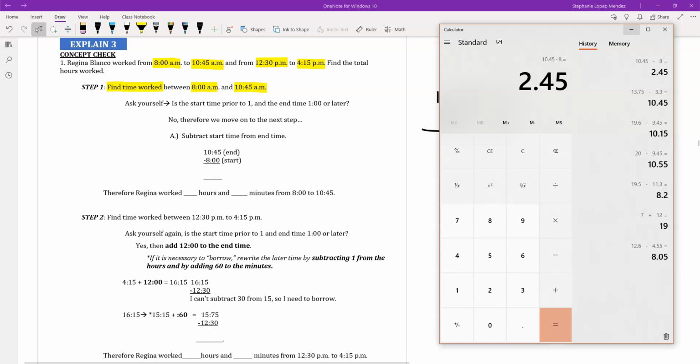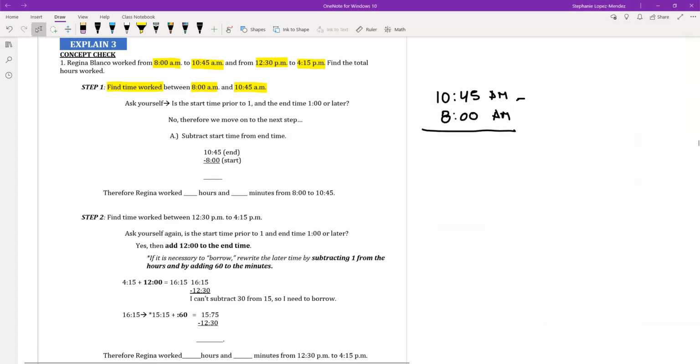That is a total of 2.45. Therefore, Regina worked 2 hours and 45 minutes from 8 to 10:45.